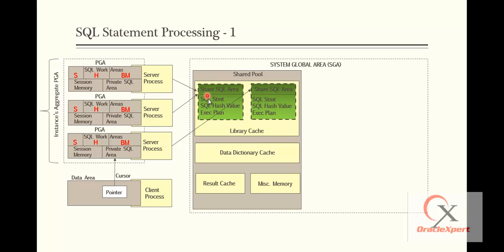Now Oracle has this ability to identify whether the statements are identical or not identical. This is by computing something called a hash value. So the Oracle database recognizes when two users execute the same SQL statement and it reuses the same shared SQL area for all those users.